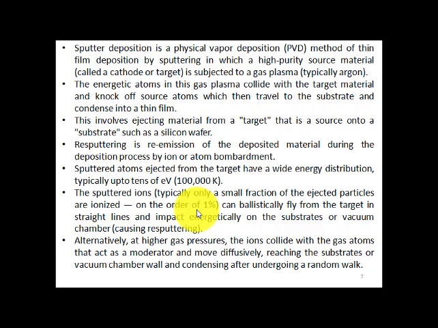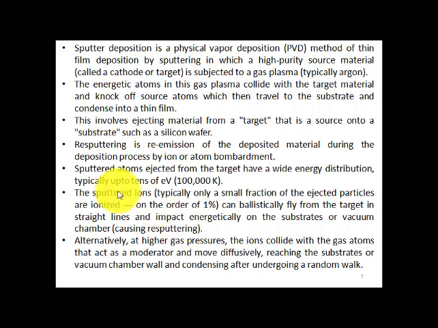They can ballistically fly from the target in straight lines and impact energetically on the substrate or vacuum chamber, causing resputtering. Normally in sputter deposition, the neutral target atoms or source atoms are ejected from the target and deposited on the surface of the anode substrate.